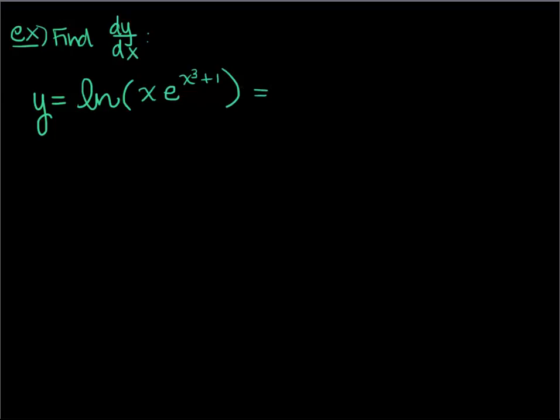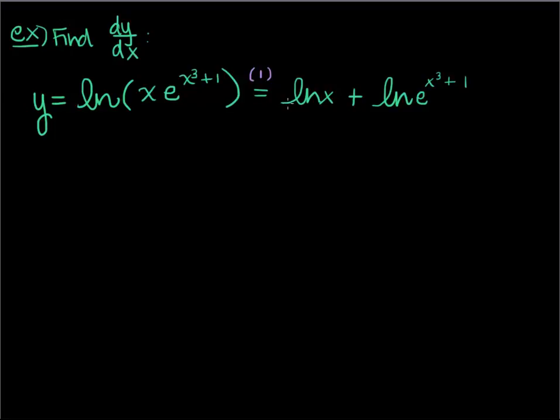First off, I'm going to use property 1. I'll just put a 1 here to show you what I'm going to use. So I'm going to use the product rule. And what does the product rule tell me to do? The product rule tells me to break them up using addition. So this becomes the natural log of x plus the natural log of e raised to x cubed plus 1.